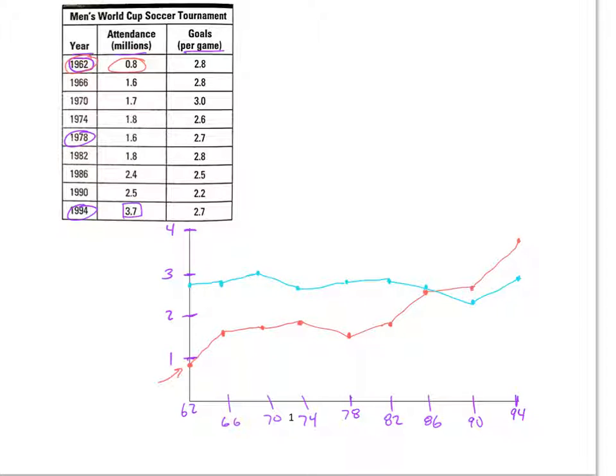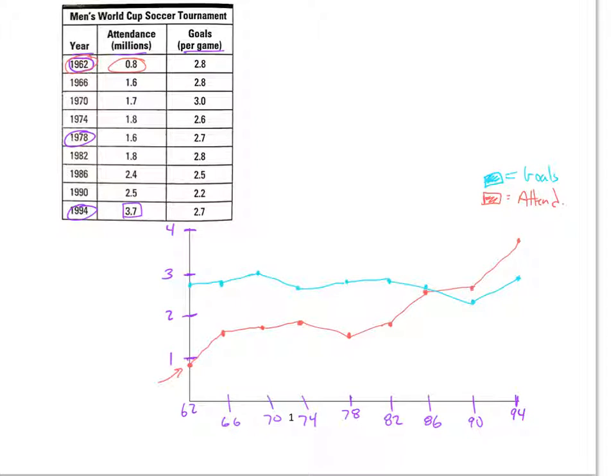And you want to label things, like the blue here is goals, and the red is attendance, so that you know which one's which. So then we can compare things.